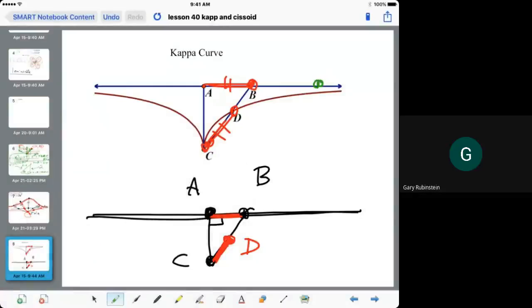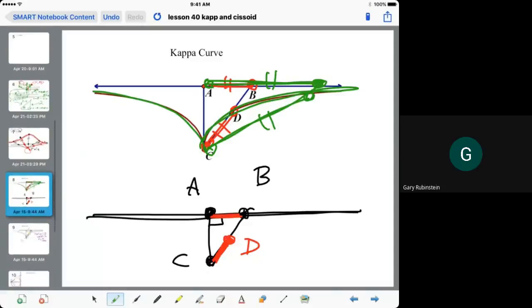If I come all the way over here and I draw this line, and then I take this big green length here, and I transfer it over here, wherever this point ends up is the point on the Kappa curve. And that creates this sort of bird-shaped thing. So the question is, what is the equation of the Kappa curve?